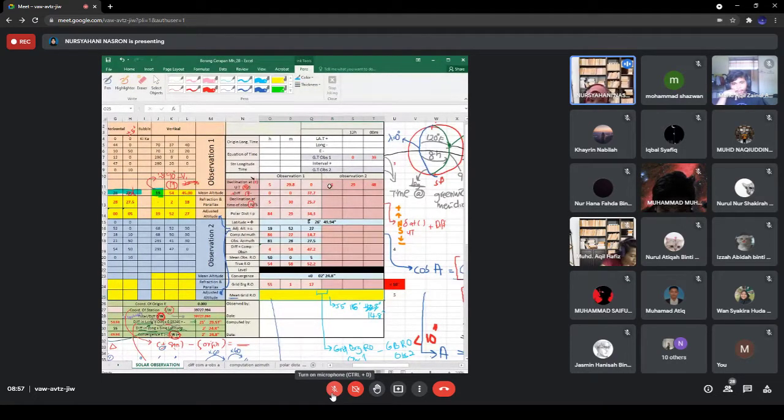Calculate balik for declination, how to read the declination at declination tables, how to find the difference, how to get the declination at time of observation, and after we get that, you need to calculate the polar distance and then computation azimuth and so on. Please do it now. In 10 minutes, boleh? Dalam 10 minit, okay? Sikit je ni.